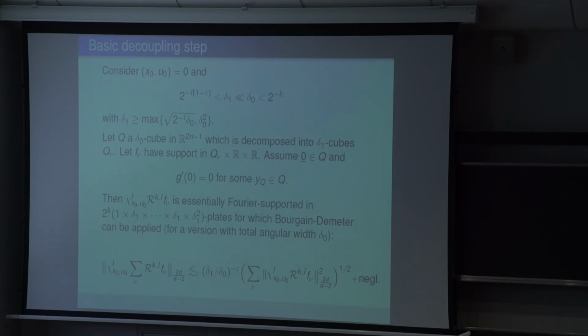Okay, so we go from L1, we gain over L1 to L2 in some sense, plus a negligible term. The negligible term contains what I say is essentially Fourier supported, but we just assume that all the negligible terms are easy to estimate. Okay, so that's the basic improvement here, and it relies, of course, on an LP estimate and not an L2 estimate anymore.